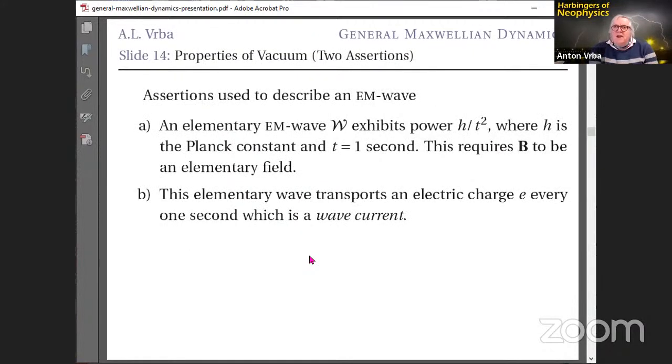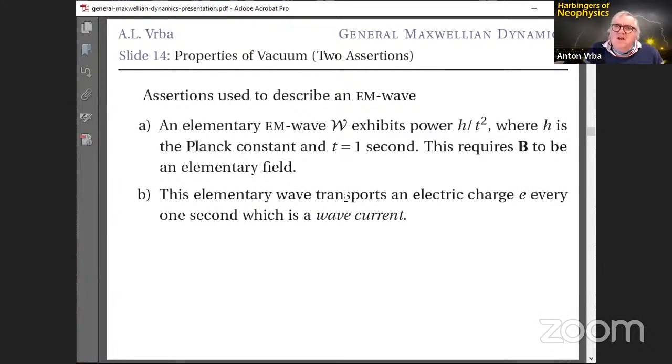Now, in my last presentation, I made two assertions: that the elementary EM wave exhibits power h over t squared, and that the elementary wave transports an electric charge E every 1 second, which is a wave current.